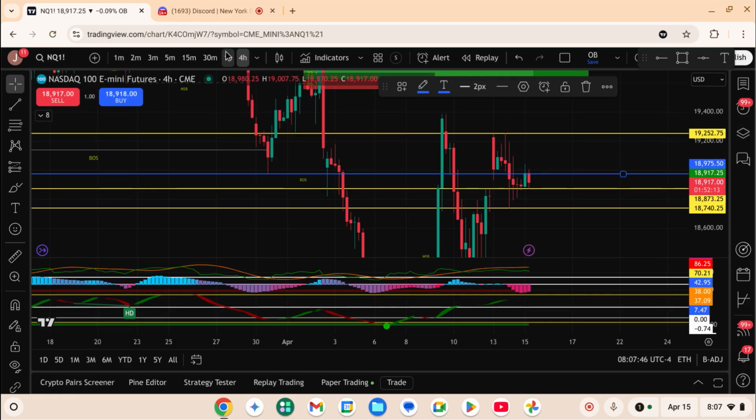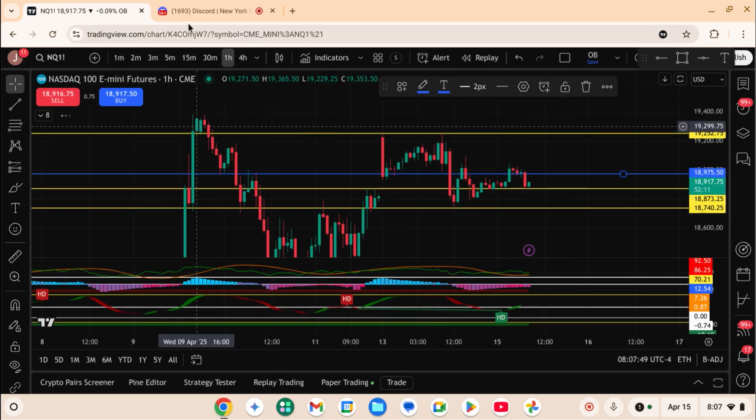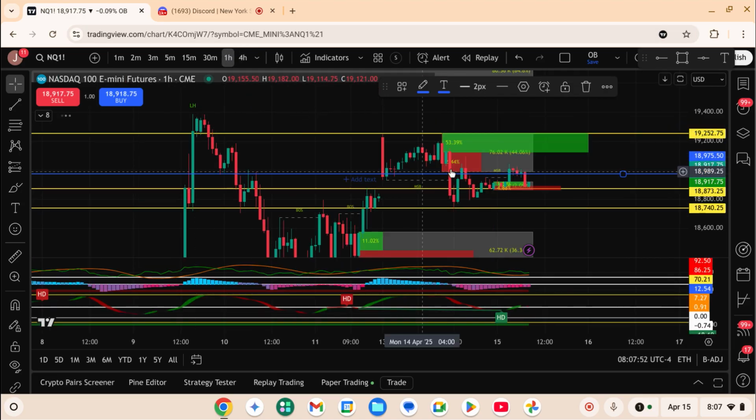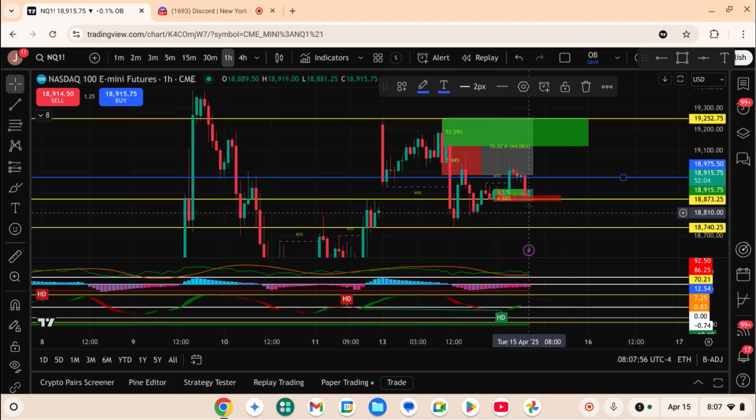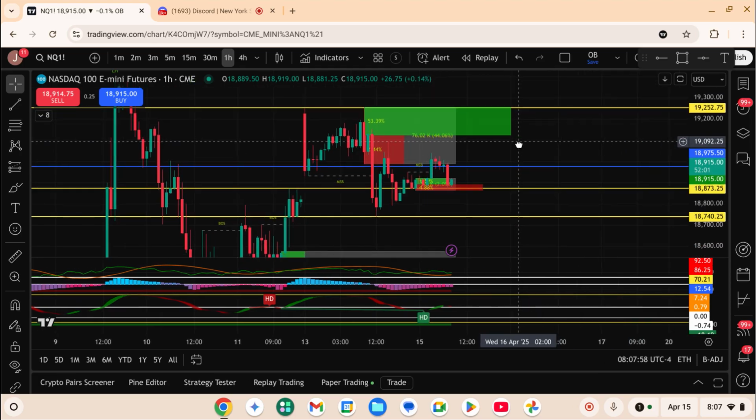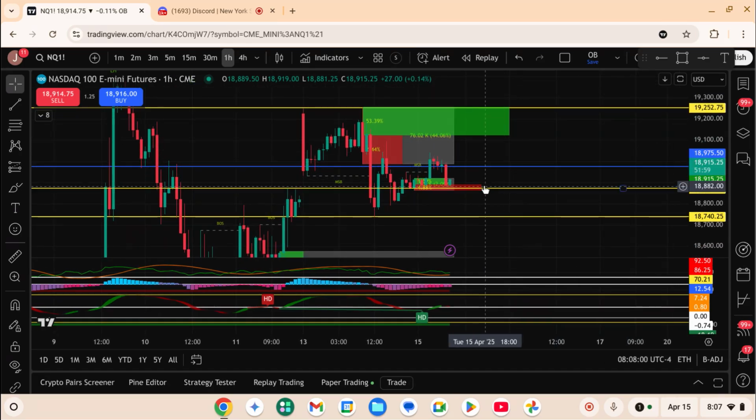All right, let's see what we got for the 1 hour. So we have this blue line is the 4 hour breaker structure. And then right here, we got a 1 hour order block that's overlapping with, I think this is yesterday's high.